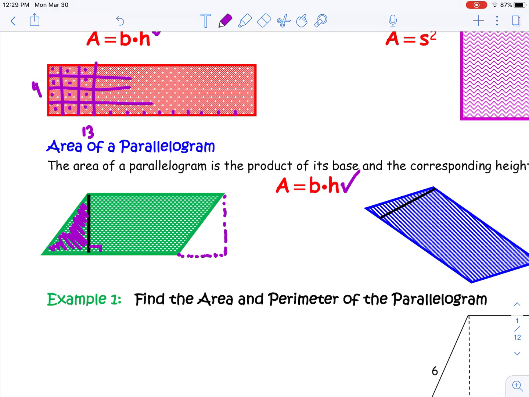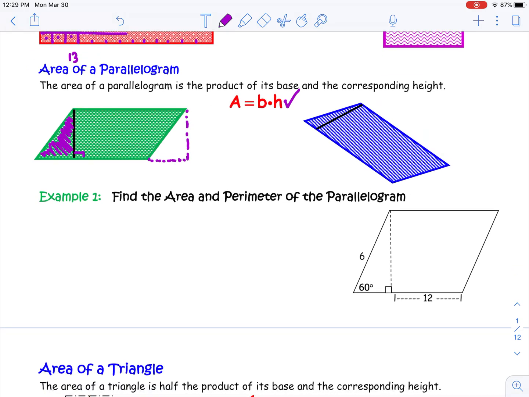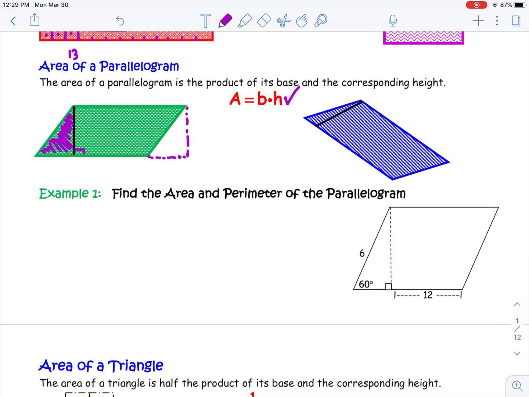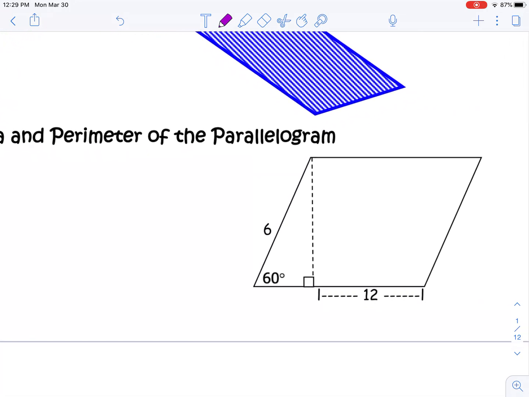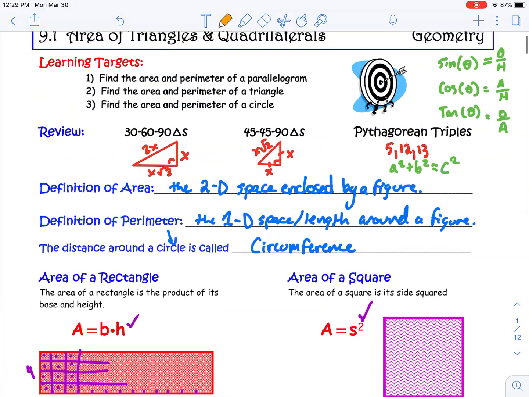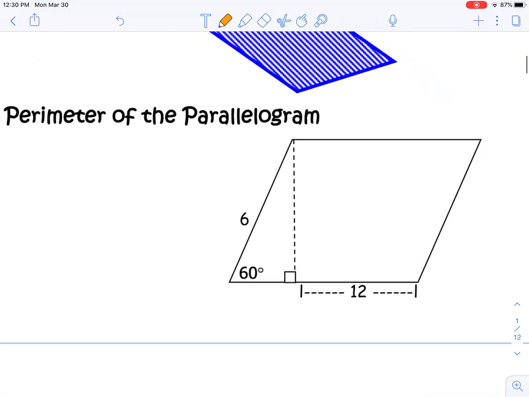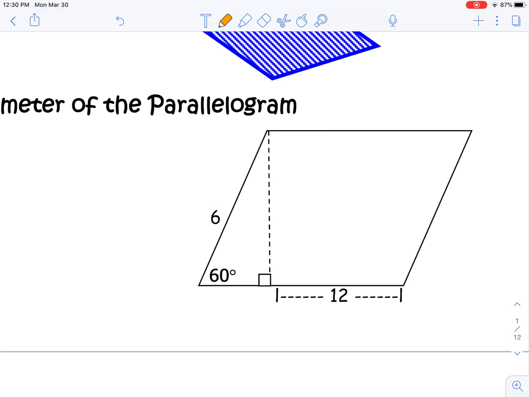Now, this can get slightly more involved, and where it does is when we start talking about situations where we want to find the area and or perimeter, but we don't have all the measurements we need. And this is where our tools from up above, our special right rules, our Pythagorean theorem, and our trig ratios can be helpful. Because notice in this situation, we've been asked to find the area of the parallelogram and its perimeter.